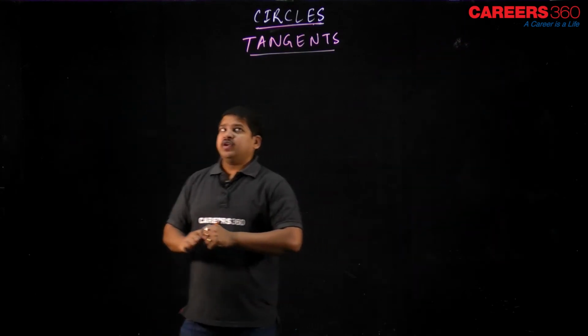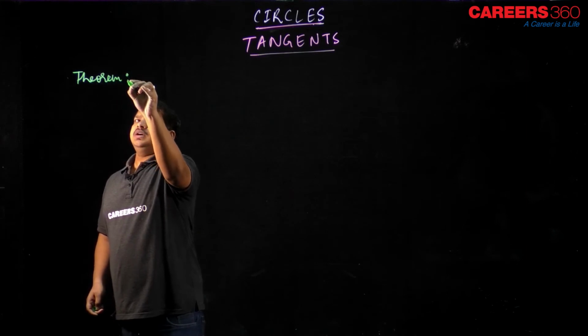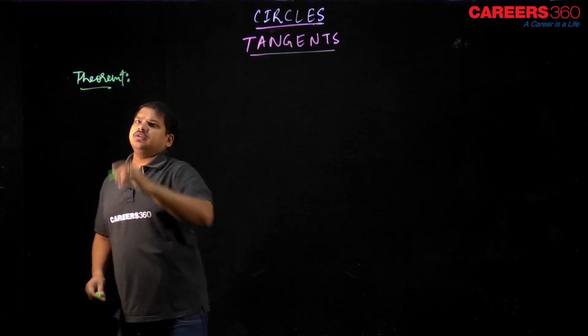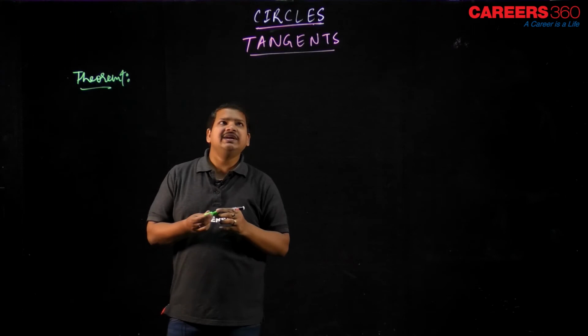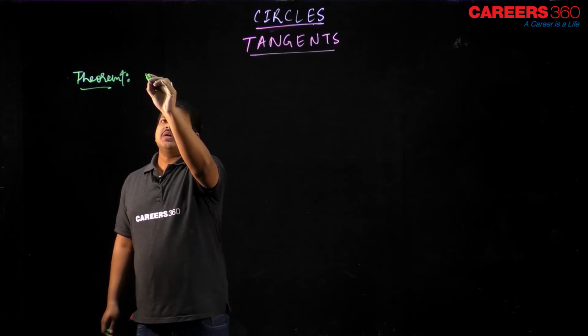So the next theorem that we have over here is theorem 4, which is actually relating tangent and chord. So what is the theorem over here?